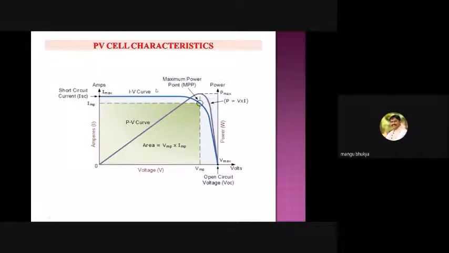If the slope is positive, he will increase the voltage across the panel. The ultimate goal is to reach the peak power.